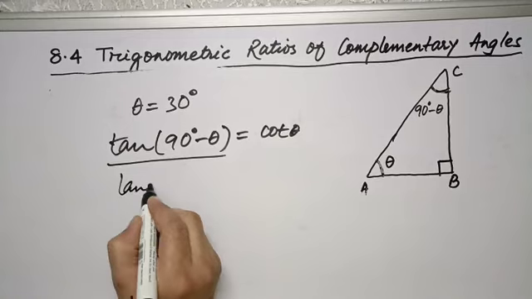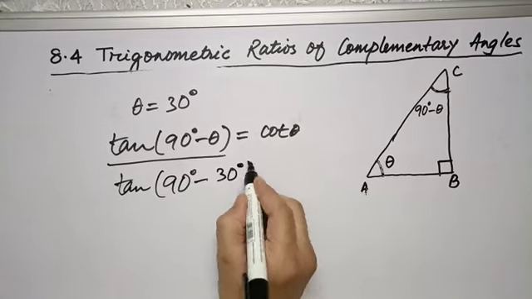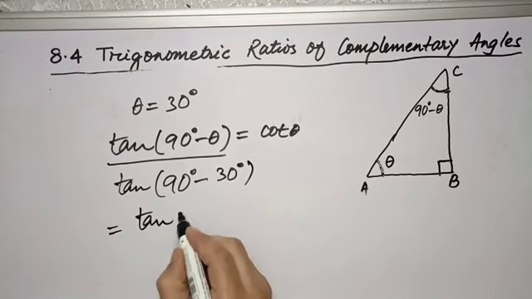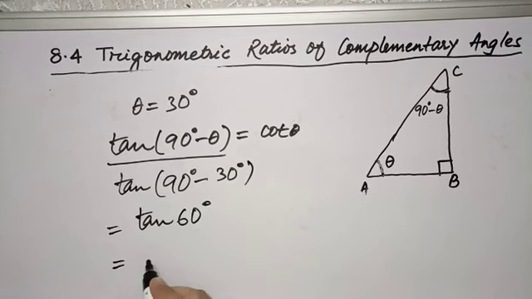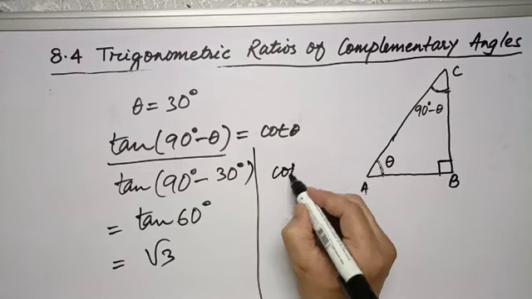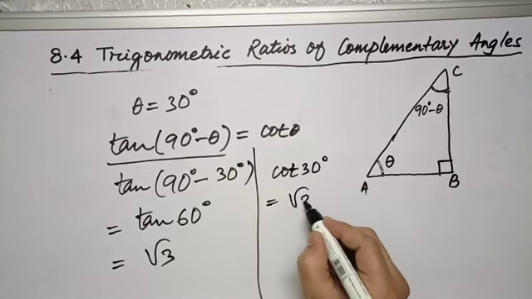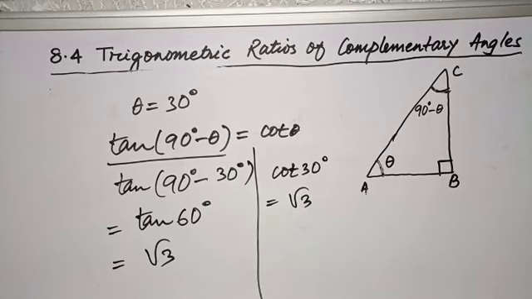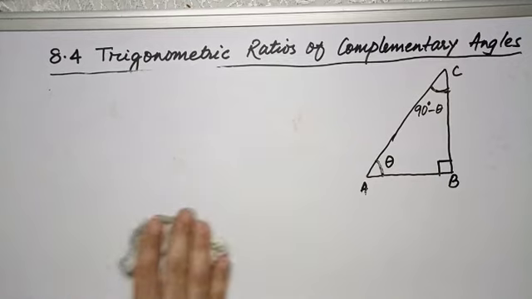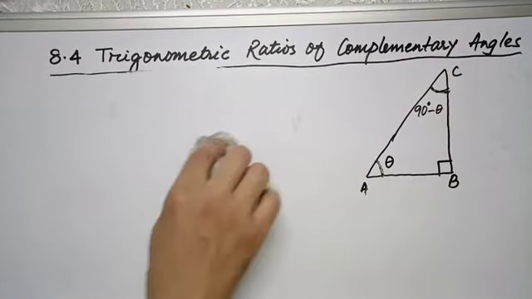So tan (90 minus 30) is tan 60, and you know the value of tan 60 is root 3. Similarly, if I take cot 30 degree, you know the value of cot 30 is root 3. So left hand side and right hand side are equal. What does it mean? What we have just learned holds true for all angles.